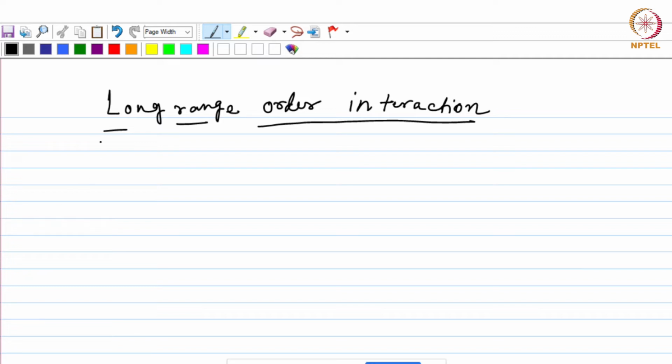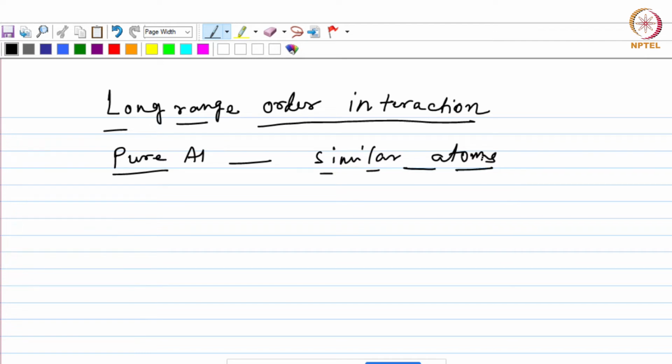So if it is only one type of atom, like in pure aluminium, then in the crystal, the atomic arrangements are all similar atoms, which are arranged in a particular manner according to the crystal structure. But when you have an alloy, you have another atom present, okay?